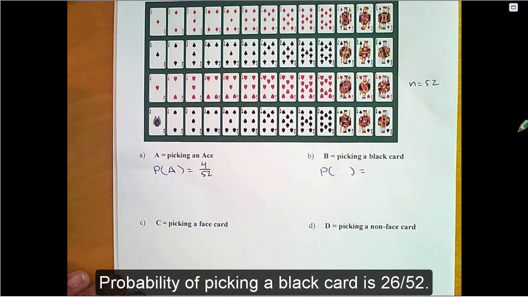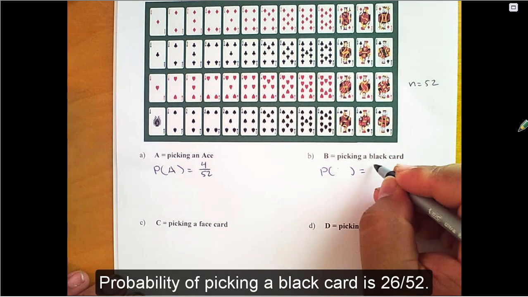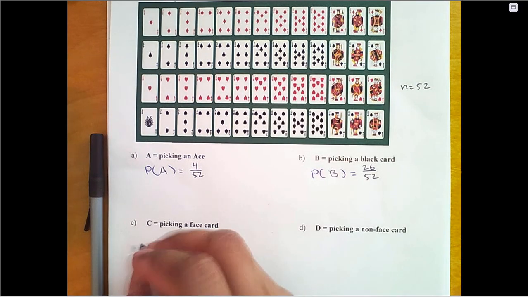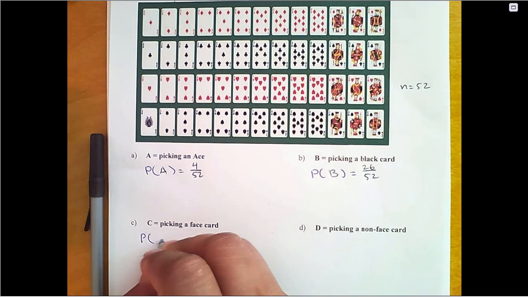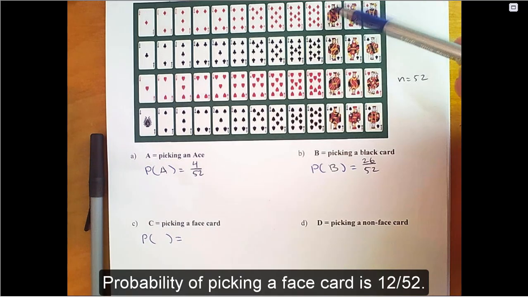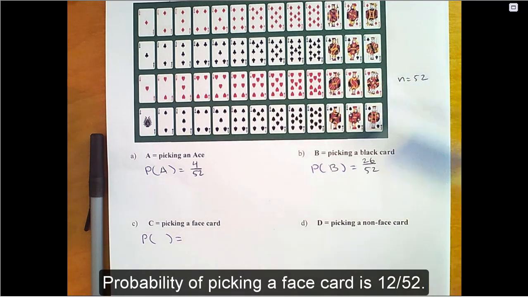Probability of picking a black card is 26 out of 52. Probability of picking a face card is 12 out of 52.